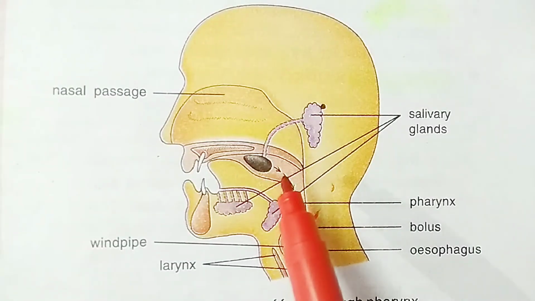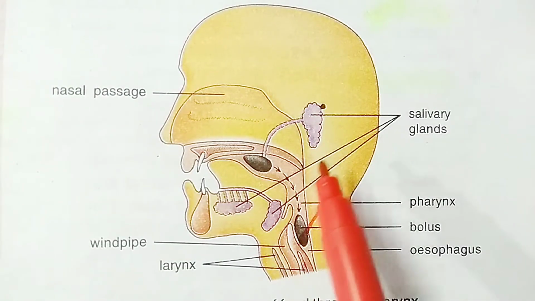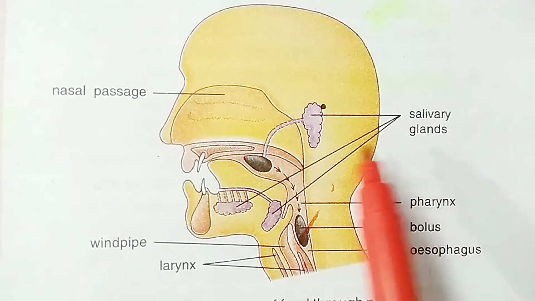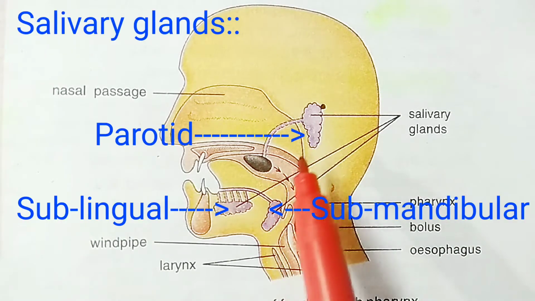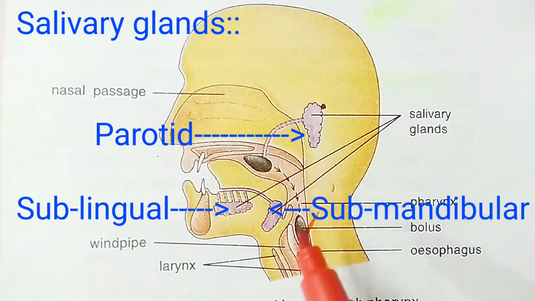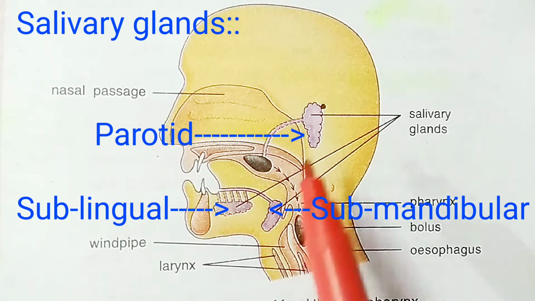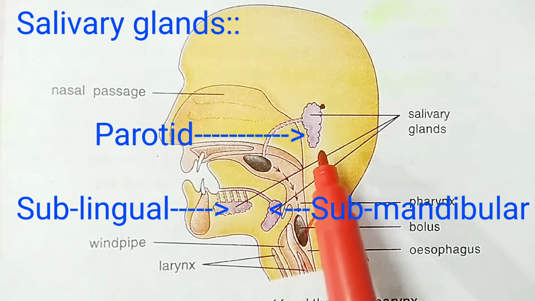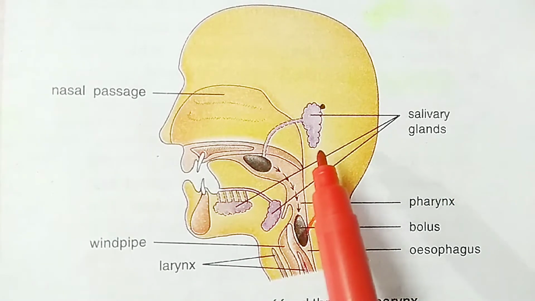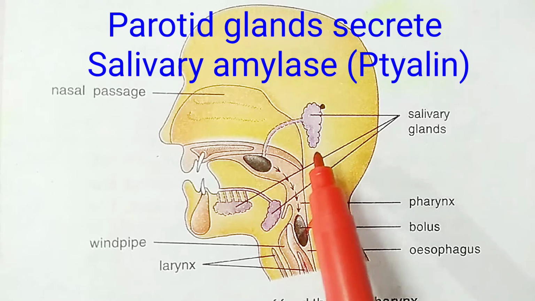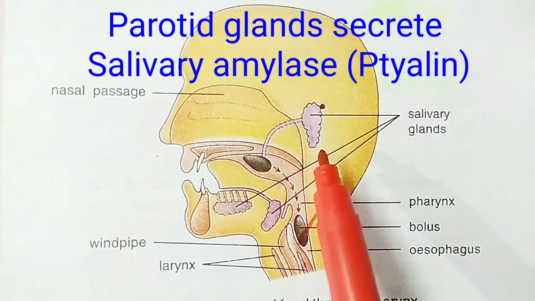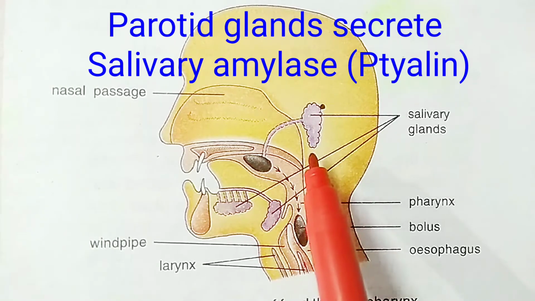Inside our buccal cavity, there is one digestive gland which is called salivary gland. There are 3 pairs of salivary glands. First one is called parotid, second one is called submandibular, and third one is called sublingual. Out of these 3, the parotid secretes a clear watery fluid that is rich in amylase, which helps in the digestion of carbohydrates. It is also known as ptyalin.